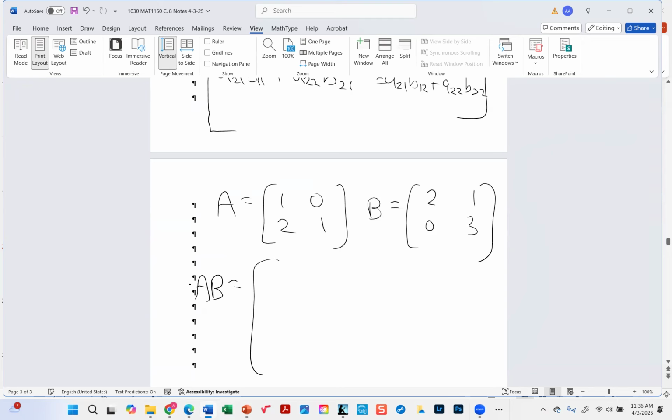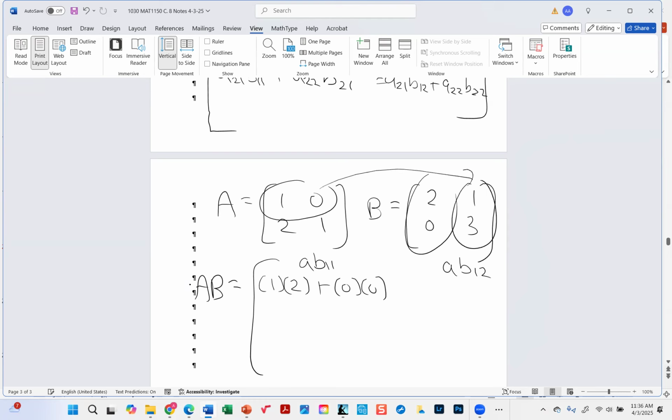We know that this is going to be a 2 by 2 matrix, so we're multiplying the first row by the first column. 1 times 2 plus 0 times 0 is the first element. The second one will be the first row times the second column, which is 1 times 1 plus 0 times 3.